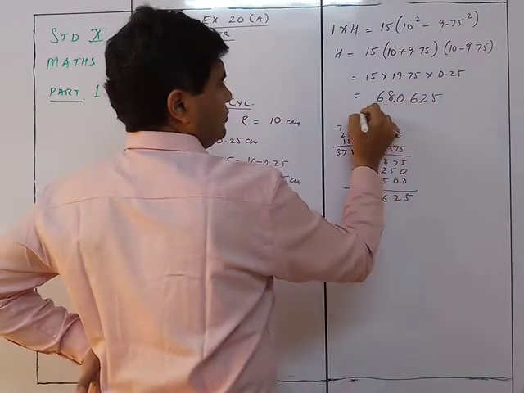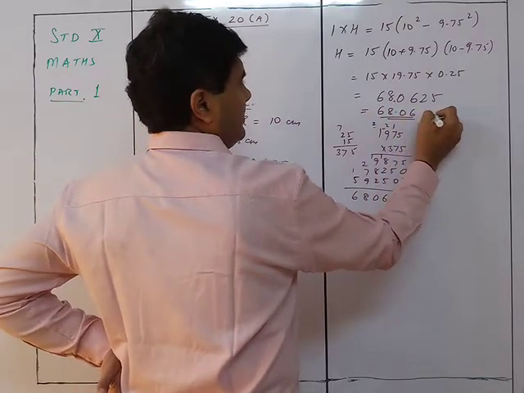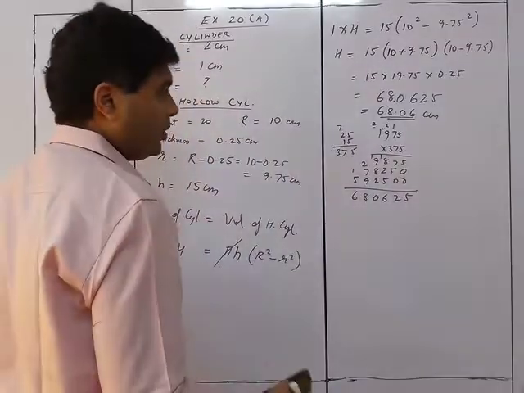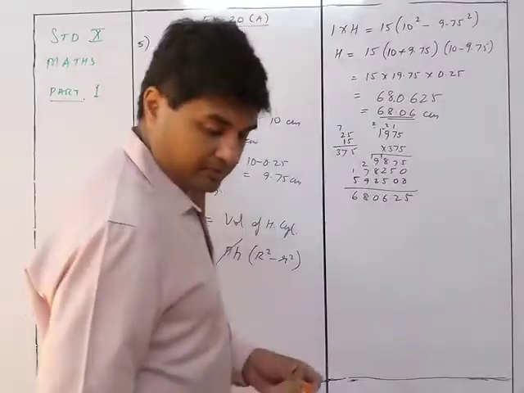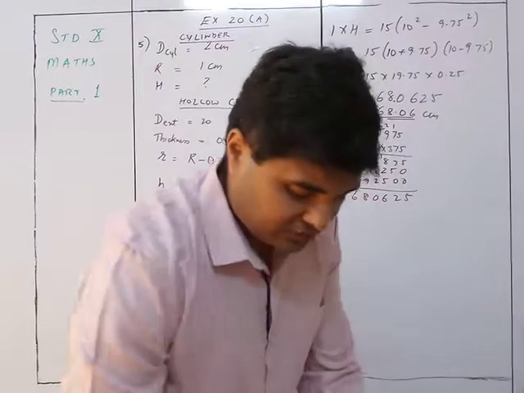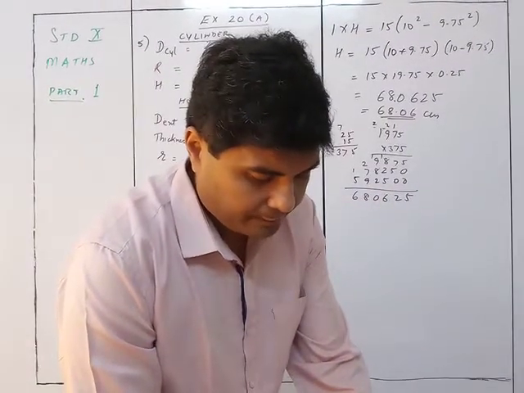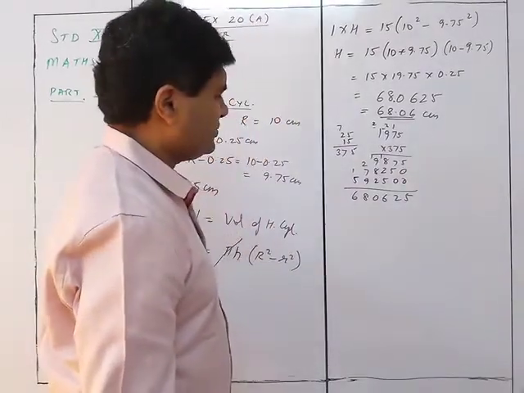So it will be 68.06 centimeters will be the height of the required cylinder. So the height of the cylinder would be this much. Let us check it out.